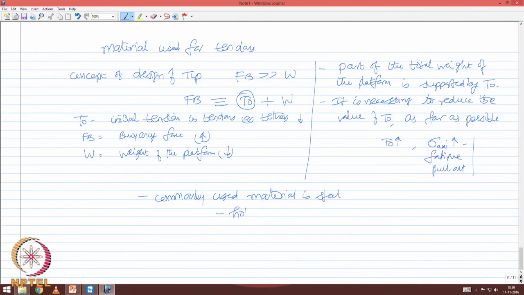People use hollow tubes as tendons. Usually these hollow tubes are air filled at atmospheric pressure to reduce their weight in water.